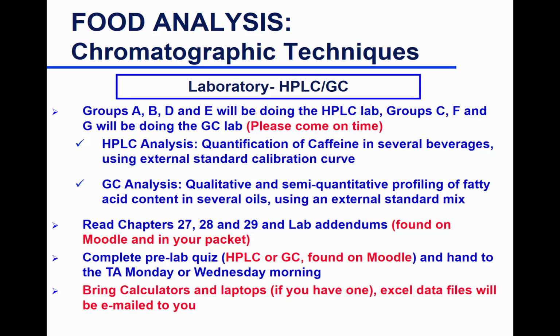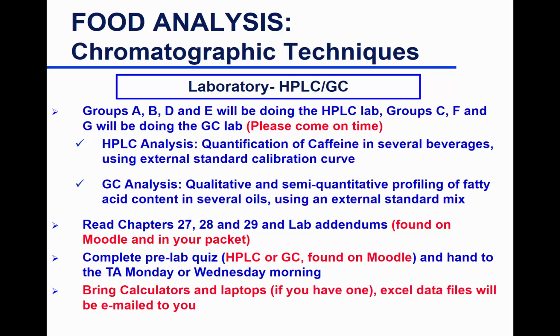Each beverage will be prepared differently in different dilutions. Not standard curves, standards will be run for you, and you will prepare the standard curve. You're going to estimate how much caffeine you have in all the different samples and compare those to reported literature.